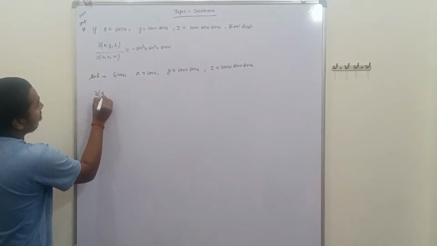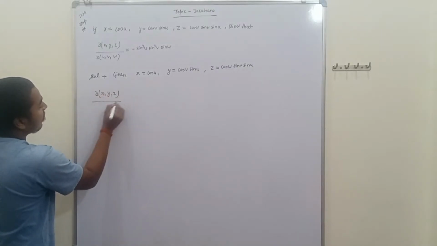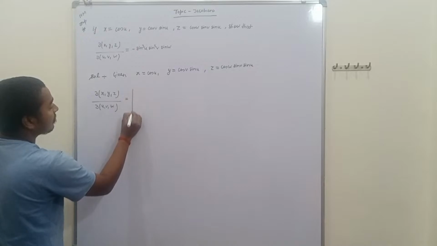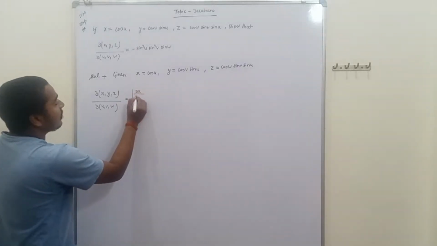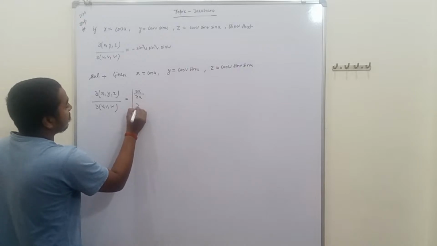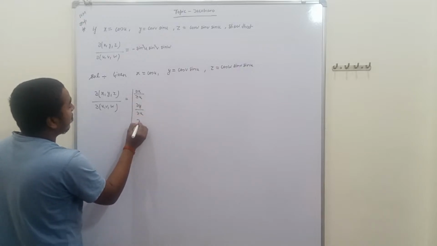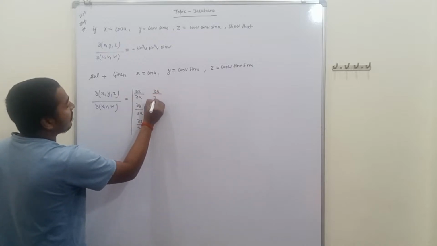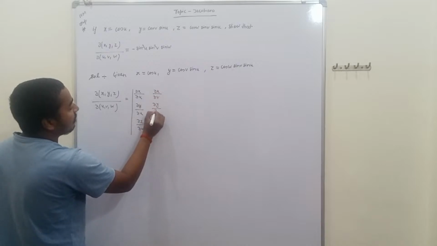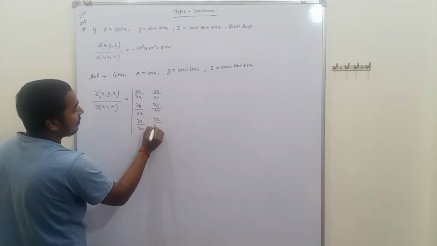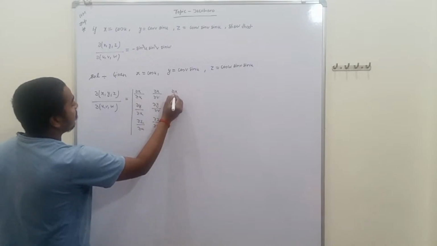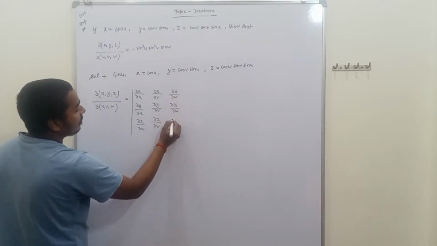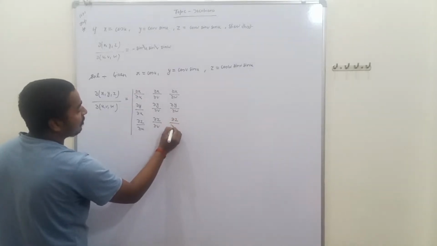It is given by the determinant with rows: ∂x/∂u, ∂y/∂u, ∂z/∂u; ∂x/∂v, ∂y/∂v, ∂z/∂v; and ∂x/∂w, ∂y/∂w, ∂z/∂w.